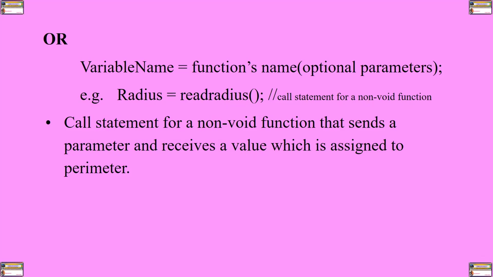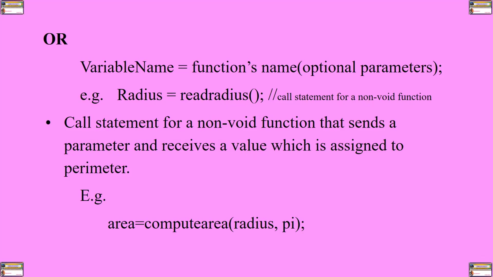Now, a call statement for a non-void function that sends a parameter and receives a value which is assigned to a variable. For example, this one here is another function. This call statement is invoking a function called compute area by passing into it two values: the value stored in memory location called radius and the value stored in memory location called pi.